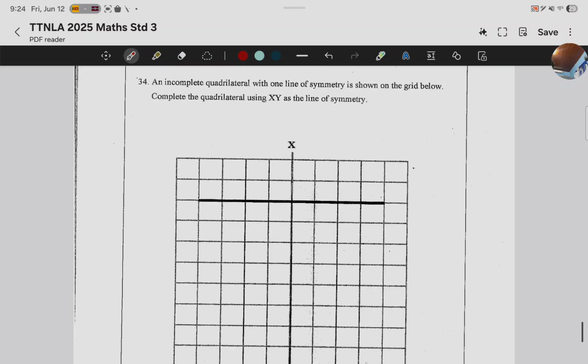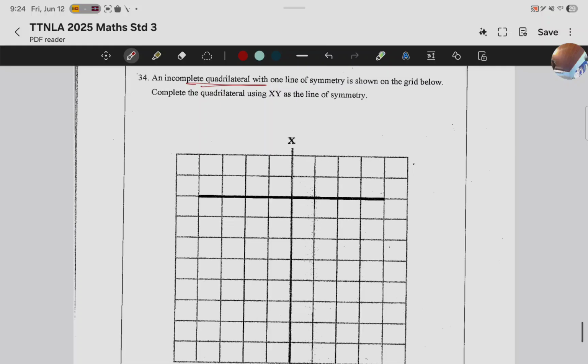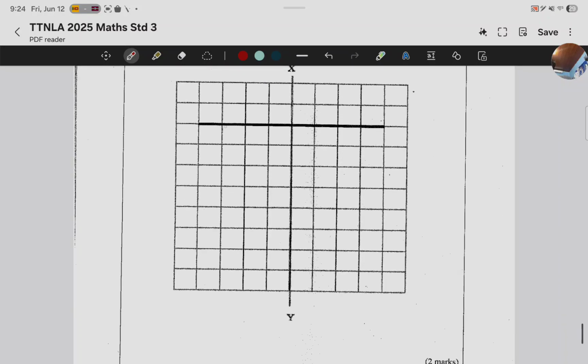The incomplete quadrilateral, a four-sided shape with one line of symmetry, as the XY, is shown on the grid below. Complete the quadrilateral. So all we need to do is just draw a trapezium here. So if we count 1, 2, 3, come out here, 1, 2, 3, come out here.